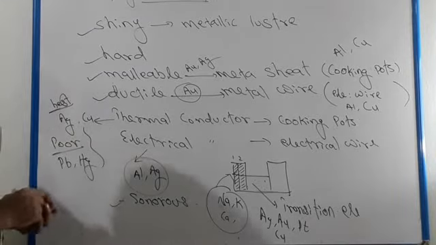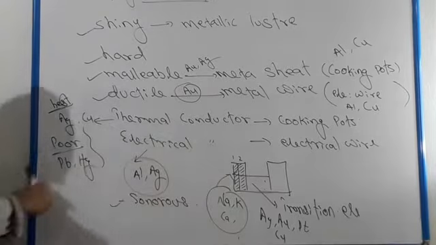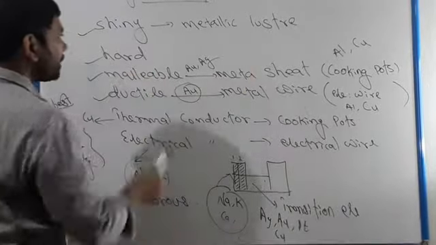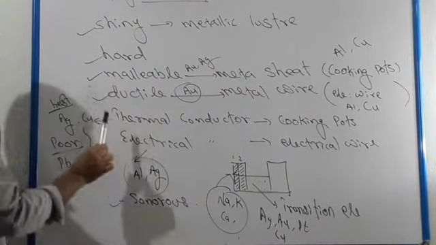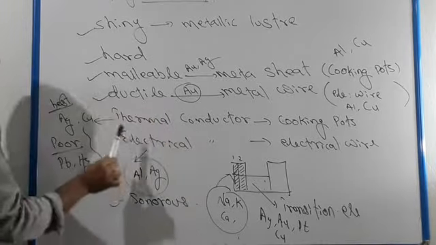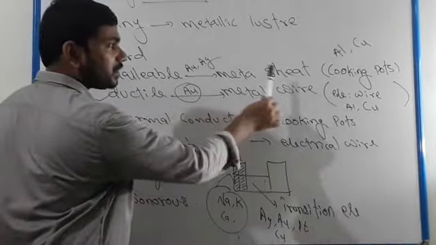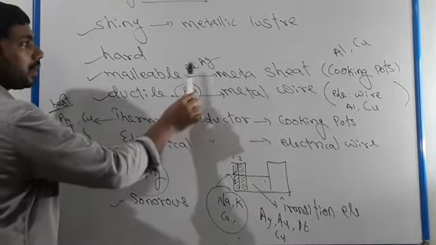So I will repeat once again the physical properties of metals. Metals are shiny, meaning metallic luster. Generally metals are hard. Metals are malleable and ductile. Malleable means we can convert metals to metal sheet. Example: copper, silver and gold.